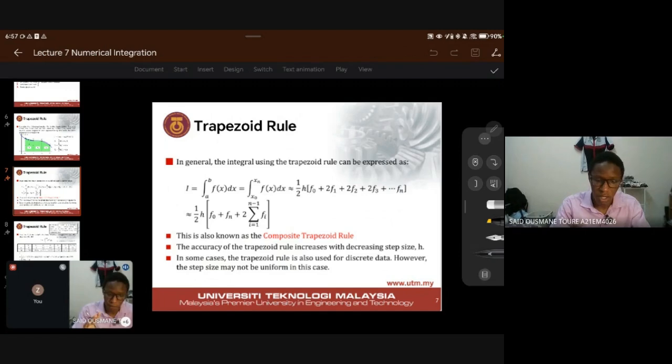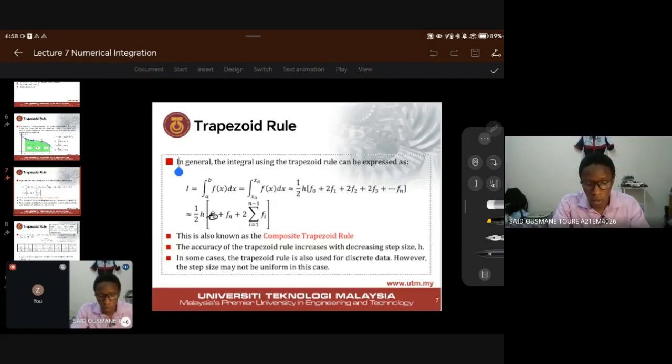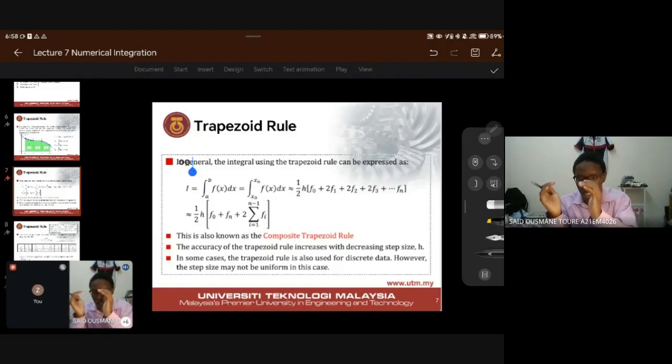For now, it's just theory. It equals f when x equals 0, and f when x reaches the limit. X is usually between 0 and n. So f when x equals 0 and f when x equals n, plus the multiplication by 2 of all the f in between, all the function results in between.